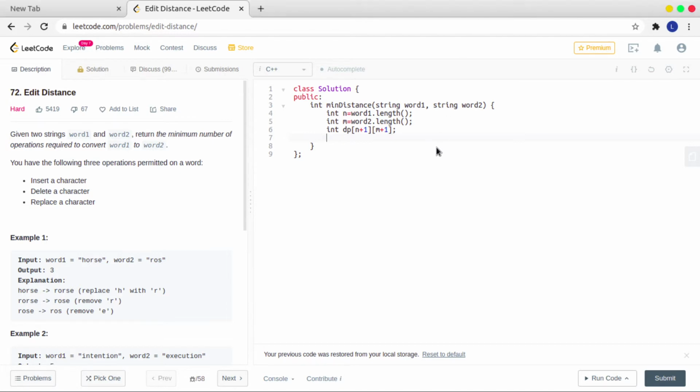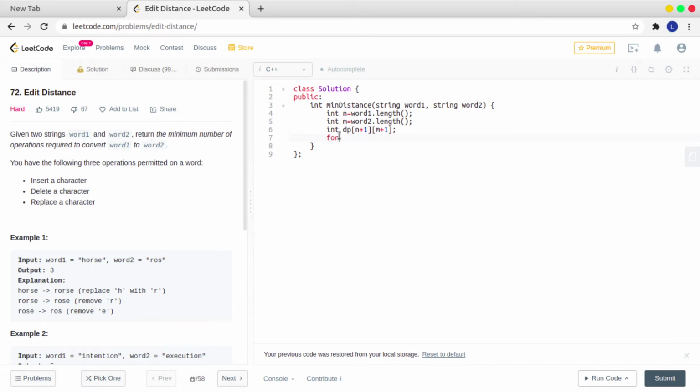If you want to convert word 1 to word 2 and word 1 is null, then the cost of converting word 1 to word 2 will be the length of word 2. And similarly, if word 2 is null and word 1 is not null, then converting word 1 into word 2 will cost the length of word 1. So this is the base condition for your recursion.